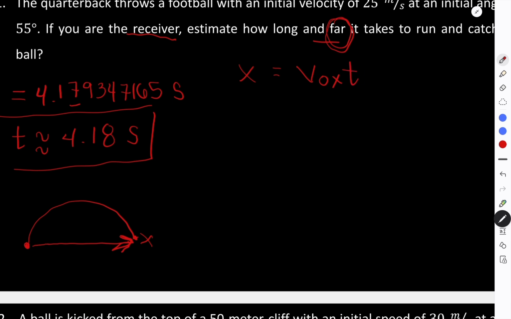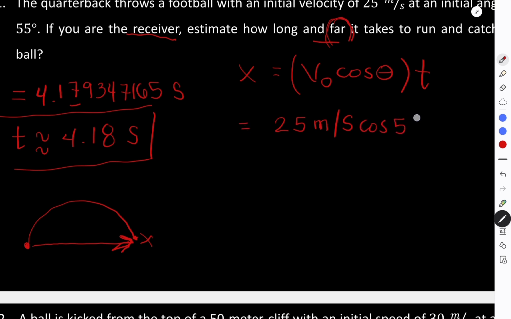If we have sine for the y component, then cosine is for getting the x component. Now let's change this instead: initial velocity cosine theta multiplied by our time. Our initial velocity is still the same, 25 meters per second, the cosine of 55 degrees, and our time here is 4.18 seconds.